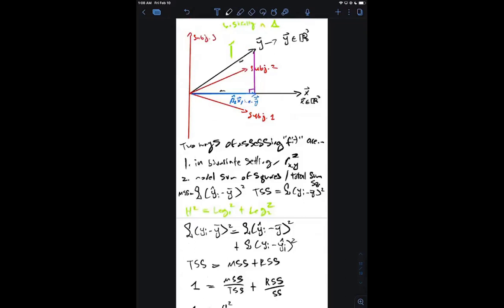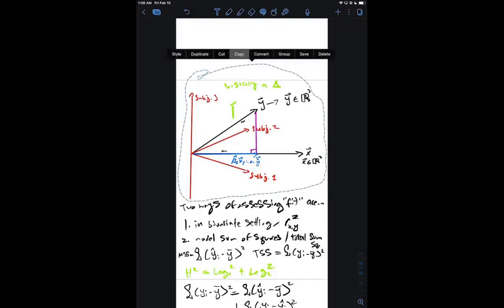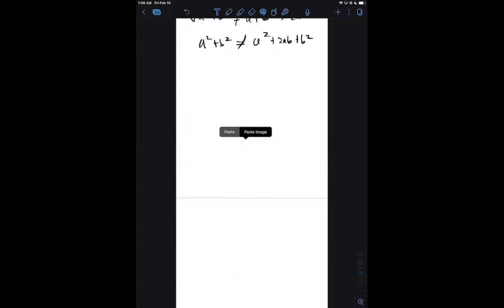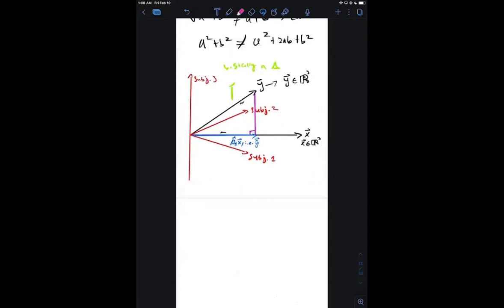Okay, so let's also think about a cool fact. Let's come back up here one more time just to get our visual perspective and keep copying down this picture. So here's the second way of assessing fit. In this part, hopefully this is kind of review, you probably remember that this is equal to this.